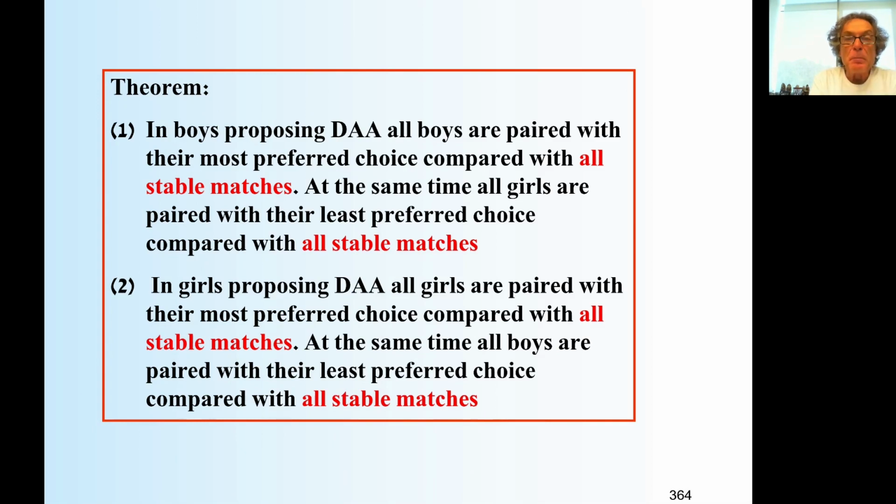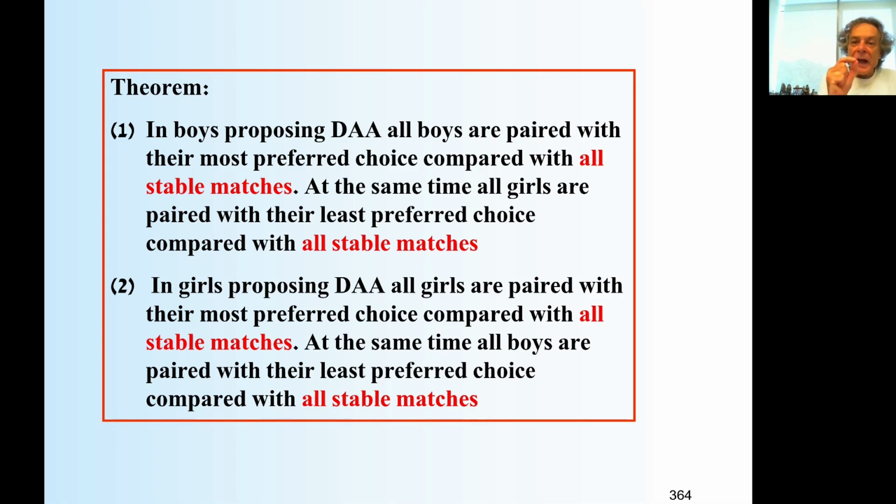But here is a theorem, a very important theorem. In the boys proposing Deferred Acceptance algorithm, all boys are paired with their most preferred choice. But what does it mean, most preferred choice? My most preferred choice is number 1, among or compared with all stable matches. So let's say that we have 50 stable matches, and I'm looking at, let's say, Adam.